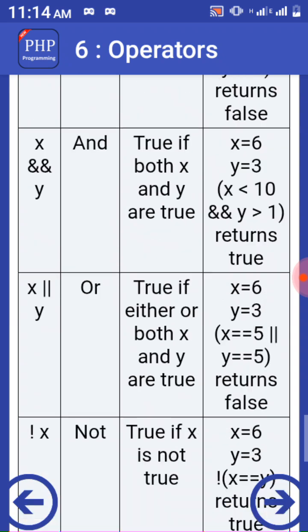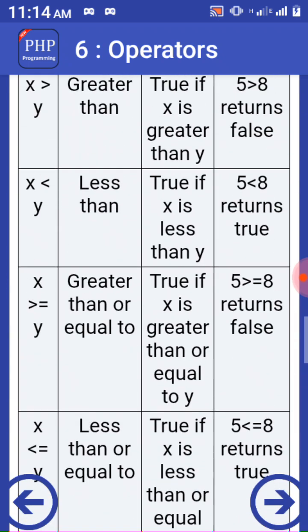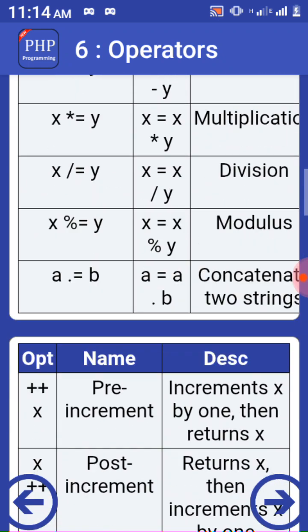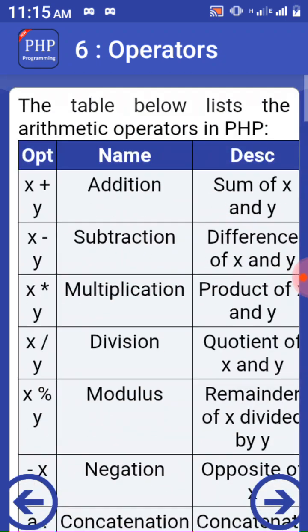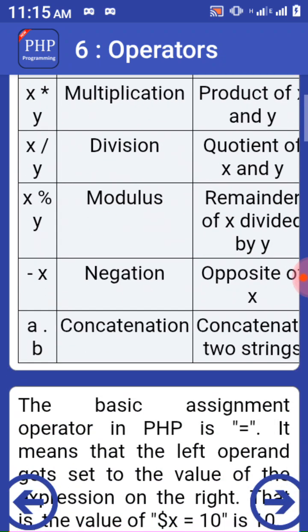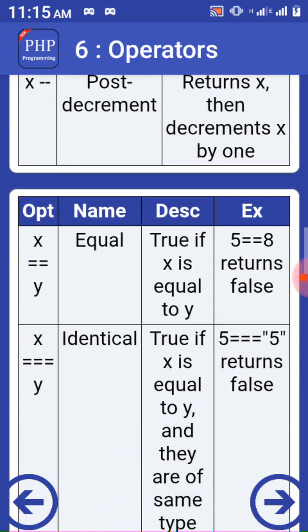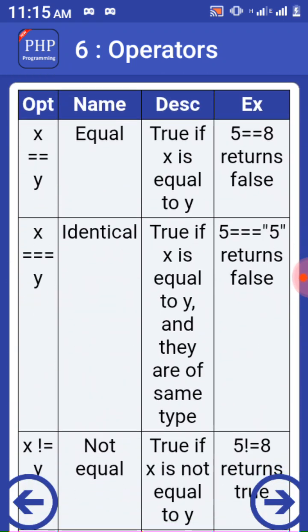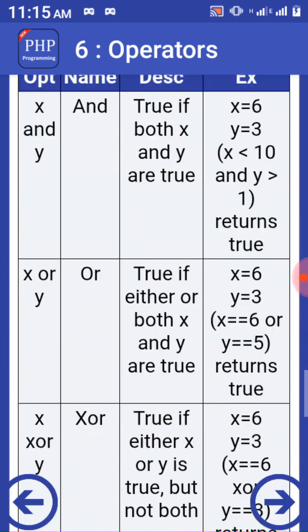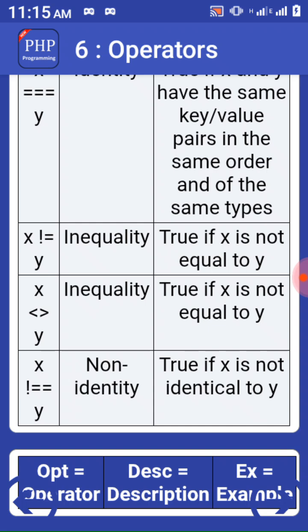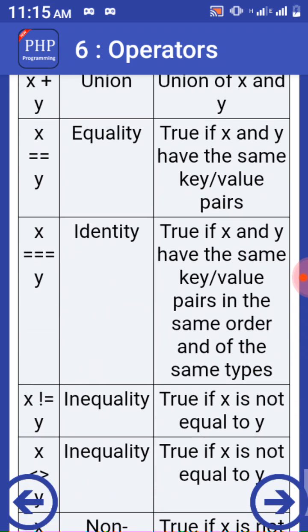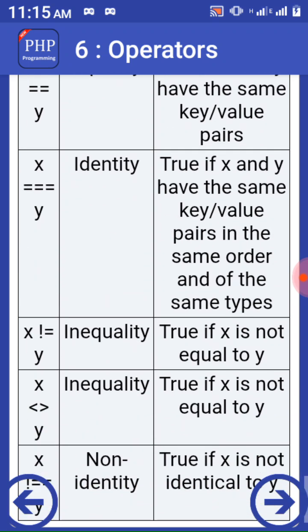You can call it the triple equal sign, ===. Identical, not identical. This is identical, identity.